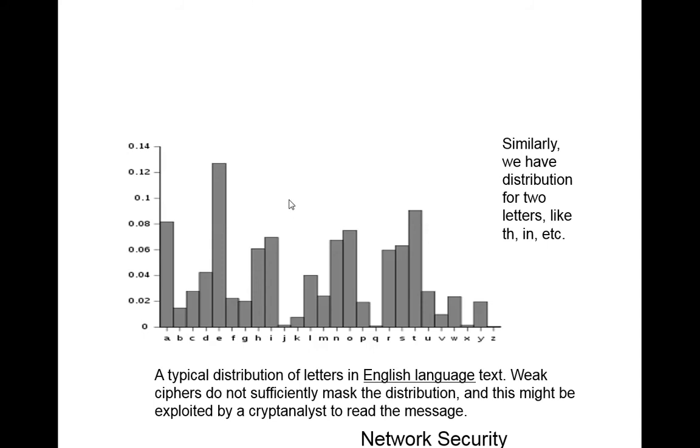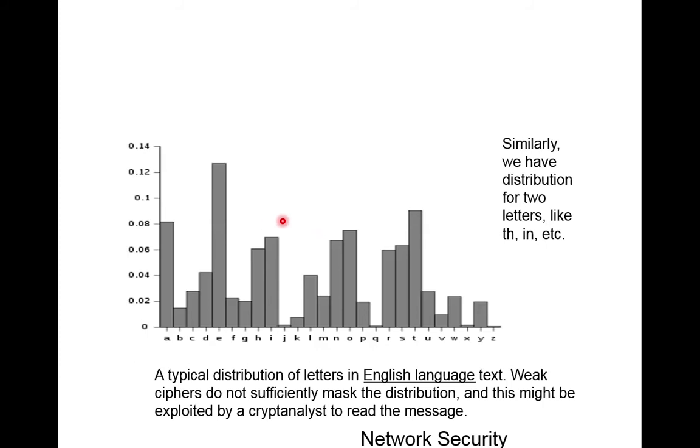As we are discussing, the frequency of letters and alphabets in English text can be used to analyze the ciphertext, convert it into plain text, and find out the key.